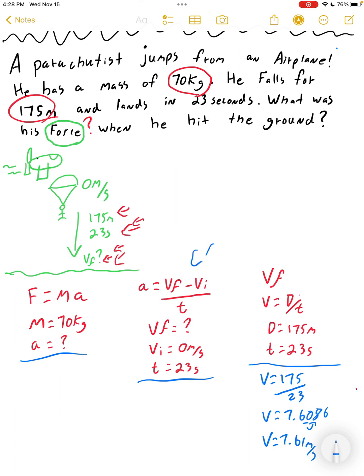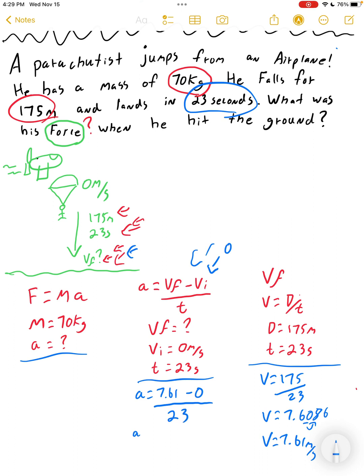Okay, that's very important because we're going to plug it in right over here when we start to calculate our acceleration. So acceleration equals the final velocity, what we ended with, we just calculated that. 7.61 minus the initial velocity. Initial velocity here was 0. So that's easy peasy. Minus 0 divided by the time. Time was given in my question right here of 23 seconds.